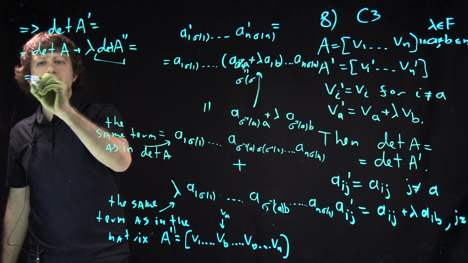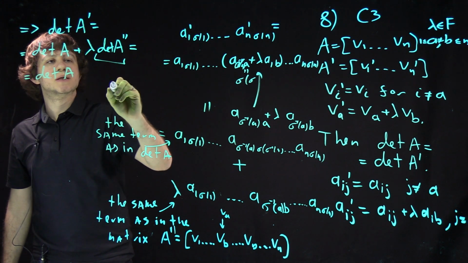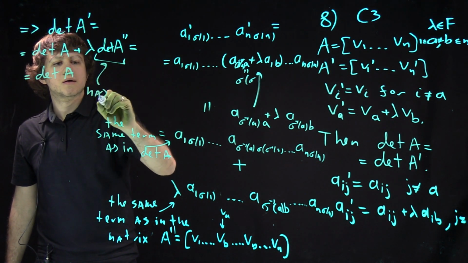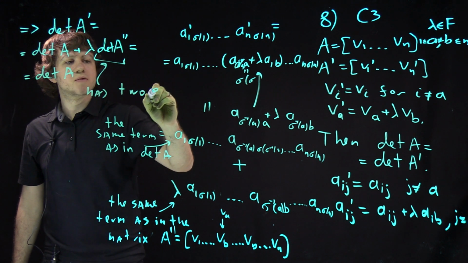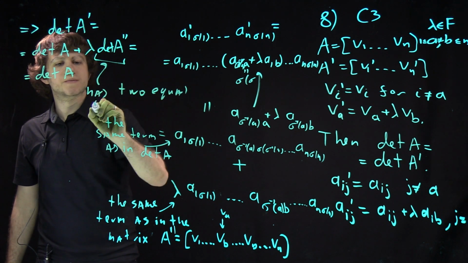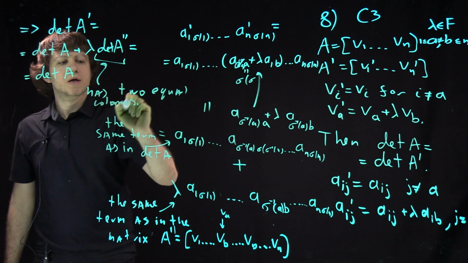And this equals the determinant of A, because this guy has two equal columns. So this is the idea.